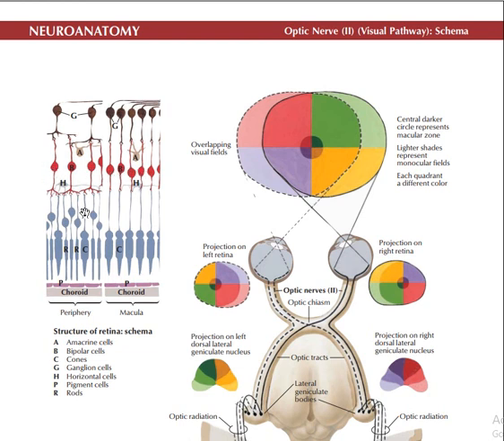As they are connected, we see that one cone is connected directly to one bipolar cell, but one bipolar cell is connected to many rods compared to the cones. So you see that the body takes much more consideration of the cone cells than the rod cells. Three rods here are connected to one bipolar cell, while only one cone is connected to one bipolar cell.